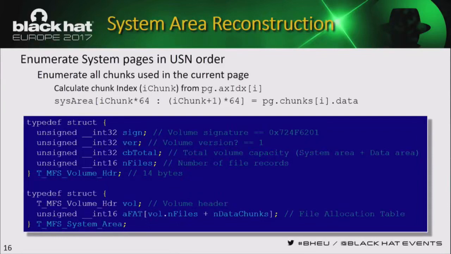For system pages, the reconstruction process is a little bit more complicated. The logical number of system chunks is much less than the capacity of system pages. So system pages can store more system chunks than is necessary, because system chunks can be stored in arbitrary order and you can incrementally update any chunk.